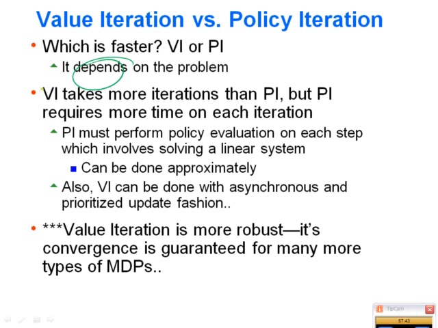Value iteration worked. Value iteration sometimes takes more iterations than there are policies. So from one iteration to the next, sometimes value iteration has not changed the policy. Did this make sense to you? And yet, it went on fine.